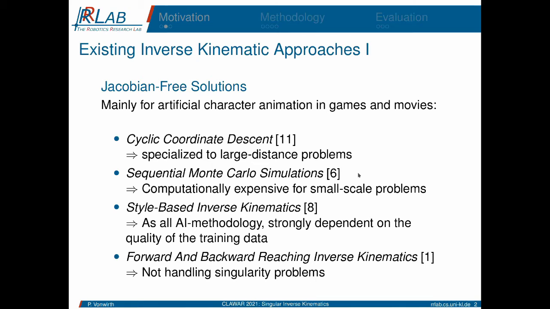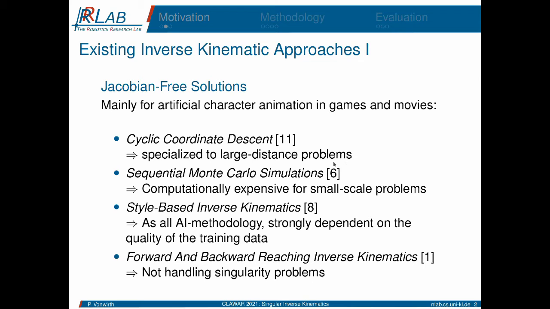So here I have listed some inverse kinematic approaches which are existing and which are not using any Jacobian. There is, for example, the cyclic coordinate descent approach, which is especially designed to overcome very large distance problems.